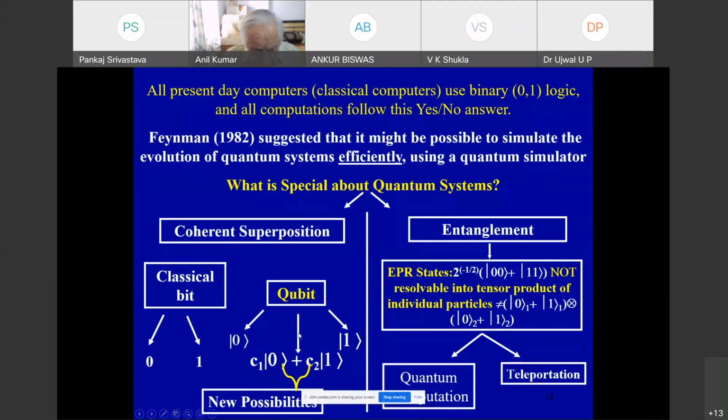So there are almost infinite ways that you can create a coherent superposition, and this gives a very large resource for processing information. It gives new possibilities. Entanglement, states not resolvable into tensor products of individual particle states, is used in quantum computation and teleportation.